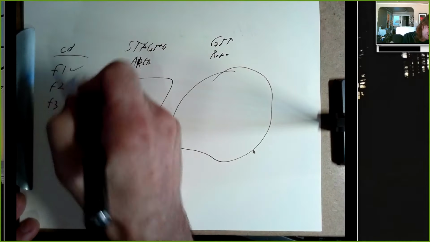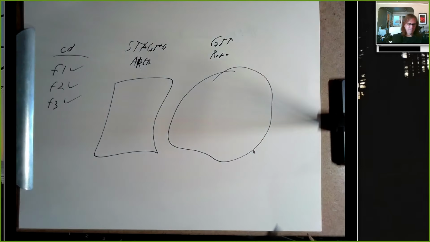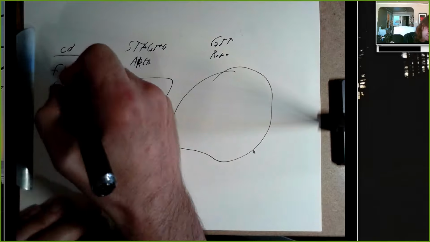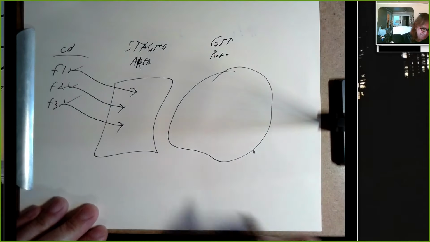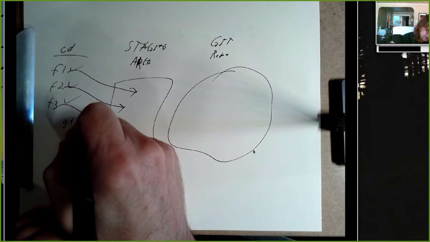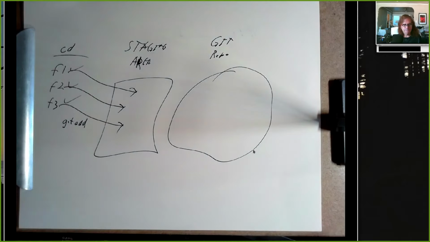And so you make some changes to your files, and you want to put them in your repository. It happens in two steps. First, you put these into the staging area. This is done with the git add command. And you can put a bunch of things on the staging area. You can take them off the staging area. You can make more changes and put them back on there, and so on.